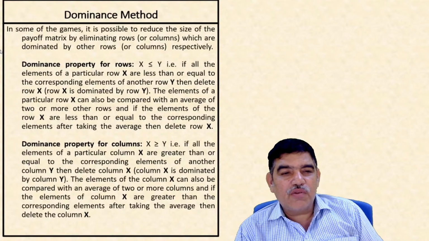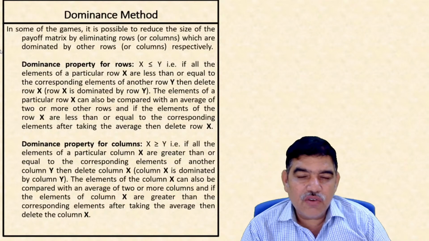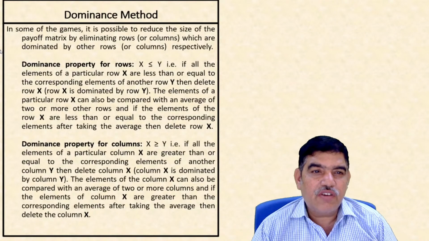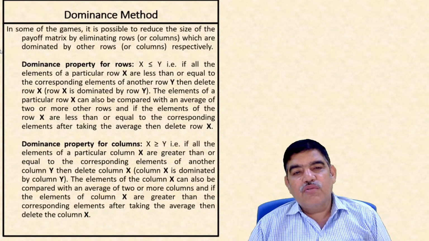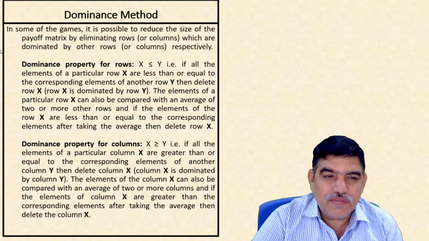If the elements of row X are less than or equal to the corresponding elements after taking the average, then delete the row X. So that is our dominance property for reducing a row.